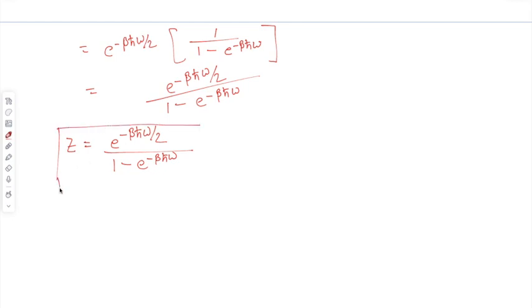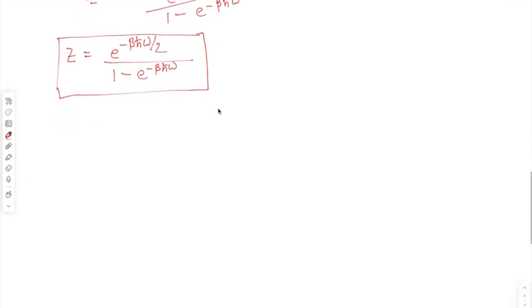Now, our next step is to find out how this partition function is related to other thermodynamical variables. Let's start with internal energy, that is, how the partition function is related to internal energy.